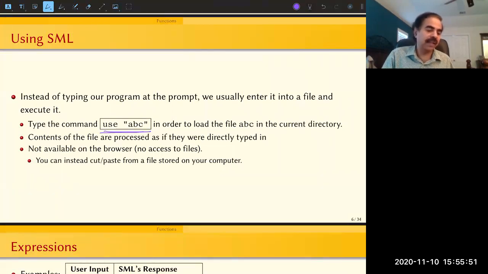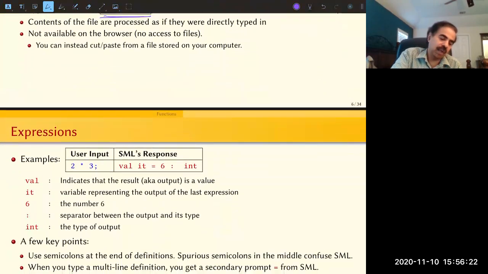If you type in this command, then it's going to read the file ABC, and any program that you have stored inside ABC. While trying something out, you might find it helpful to enter the program directly on the command line, but once you have written the code, it's obviously easier to just store it in a file and use it later on.